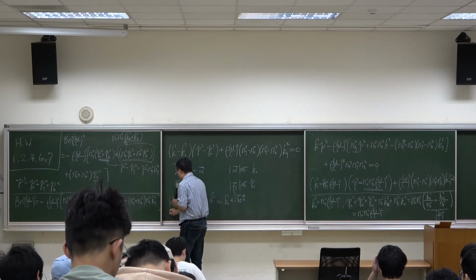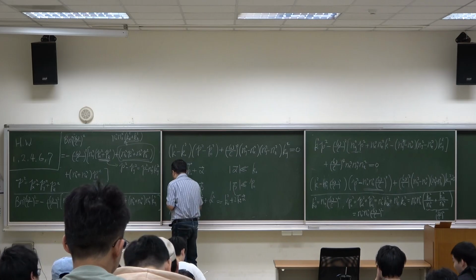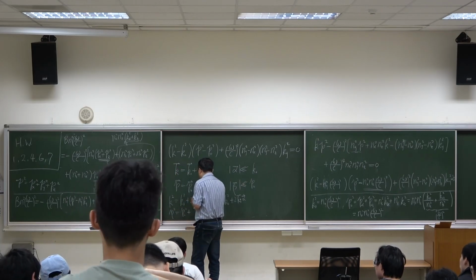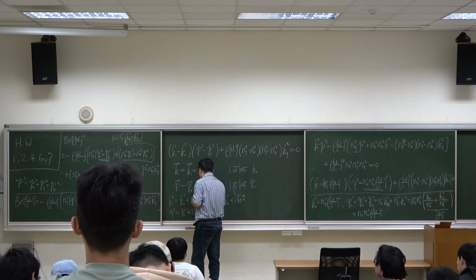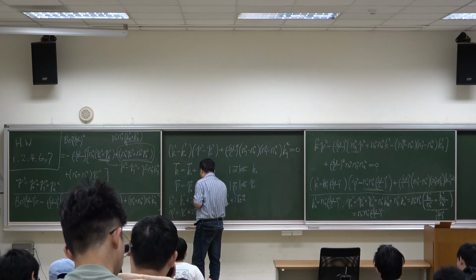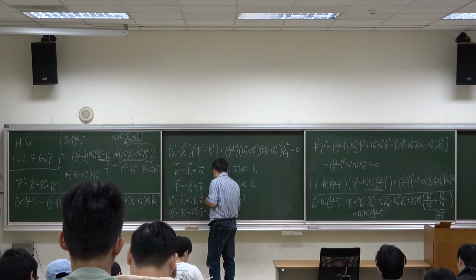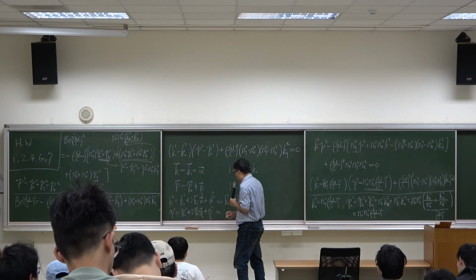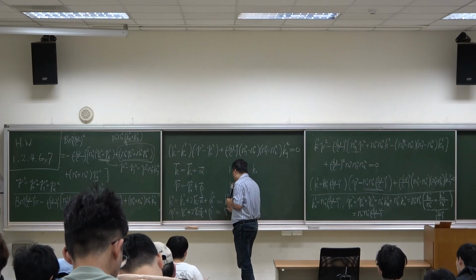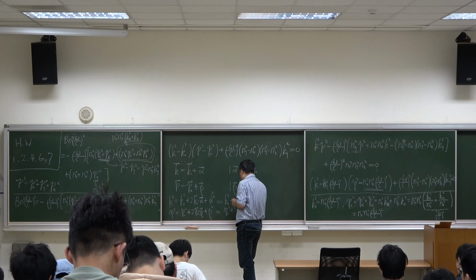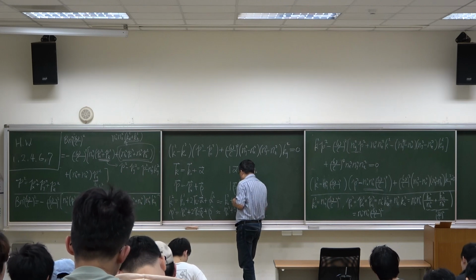And similarly, we can approximate p squared, which is p0 squared plus 2p0 dot beta plus beta squared, by p0 squared plus 2p0 dot beta.